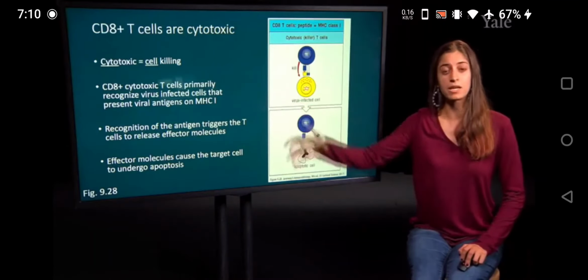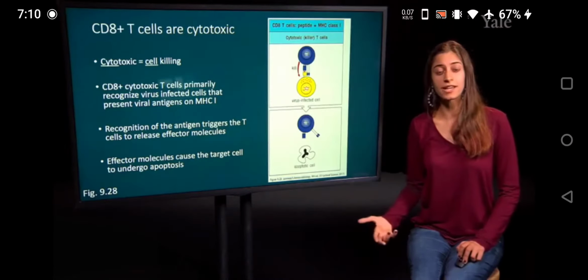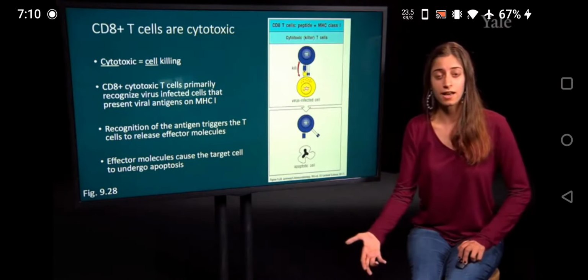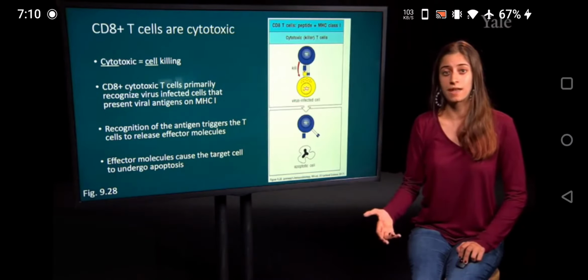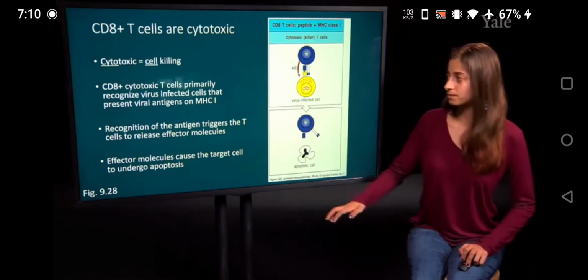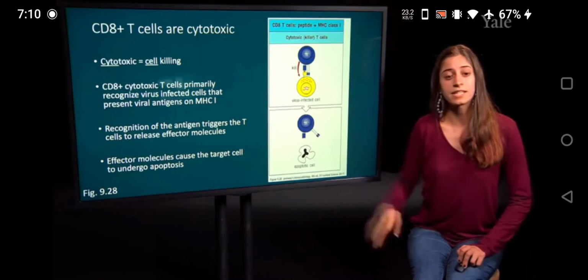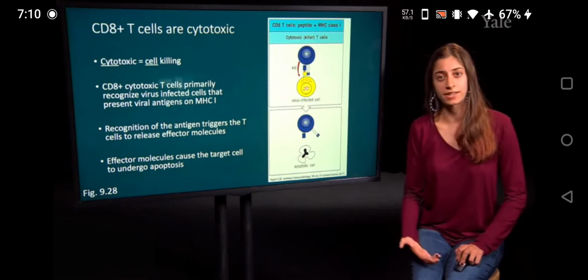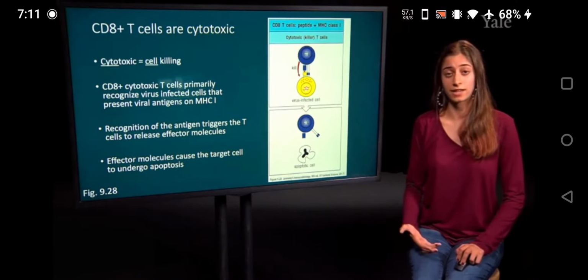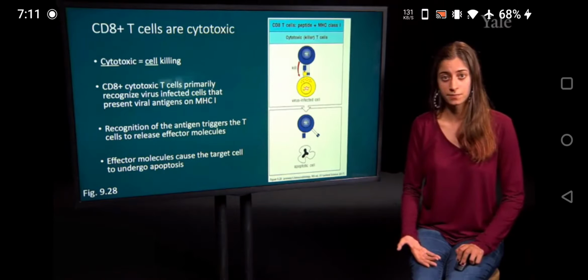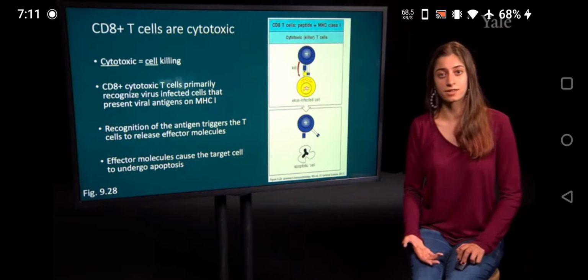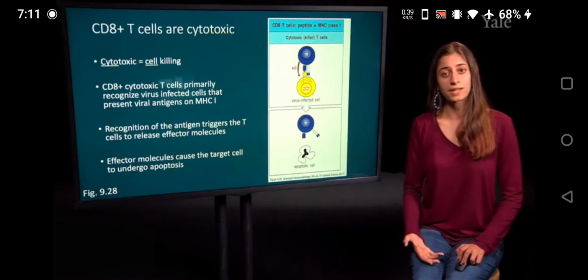Essentially, a CD8 positive T cell is poisonous to its target cell, which will ultimately result in that target cell's death. We also know that CD8 positive cytotoxic T cells will recognize virally infected cells or cells that have been infected with an intracellular bacteria. We know this because MHC class I, which presents the antigen to CD8, only picks up peptides from inside the cell itself.